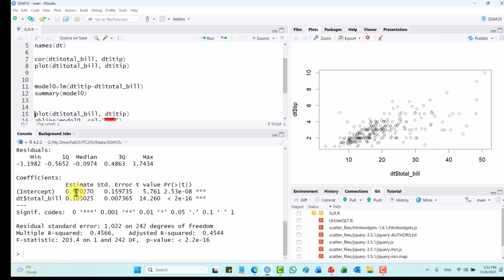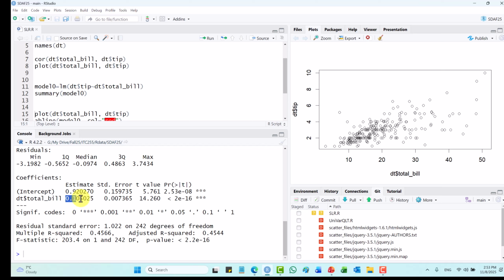For example, the estimated value for beta 0 is $0.92. As mentioned earlier, the interpretation of this value in our case doesn't make sense because when x is 0, total bill is 0, and that's not possible in our case. However, the estimated value for beta 1, which is 0.11, is a more significant value for us.